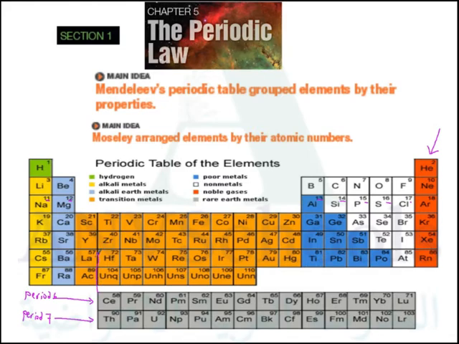And another point, the actinide series: 89 is here, so 90 begins here. The lanthanide series ends at 71, then 72 continues here.